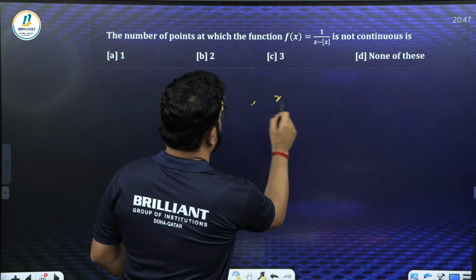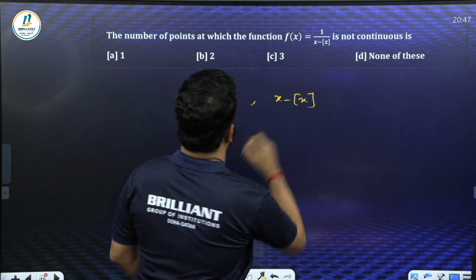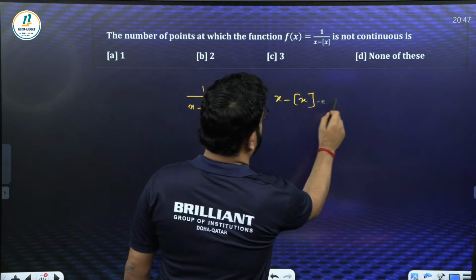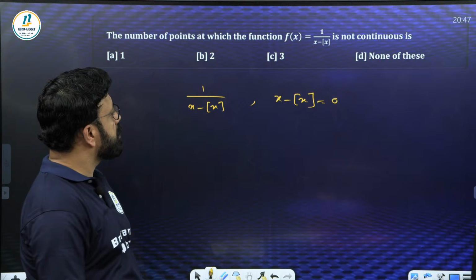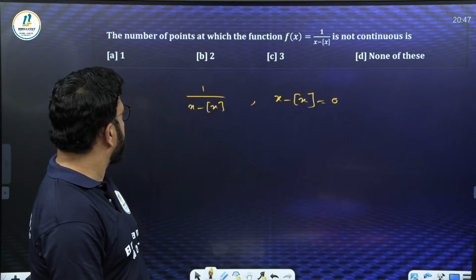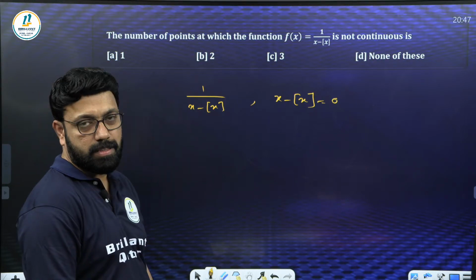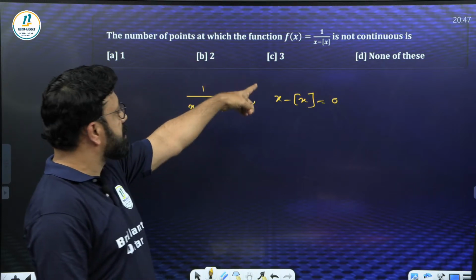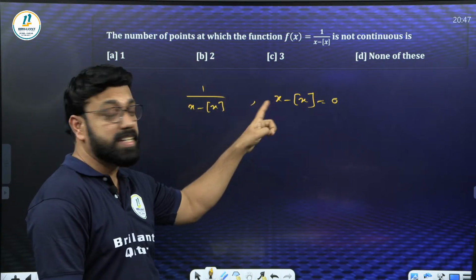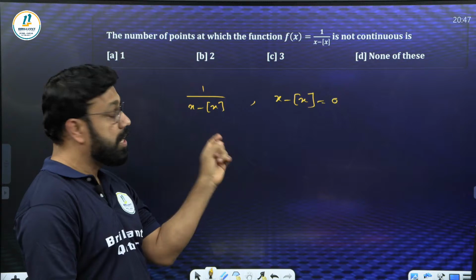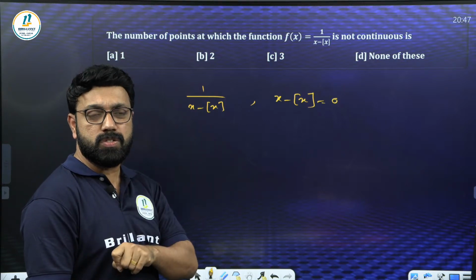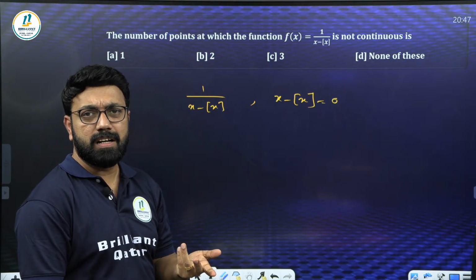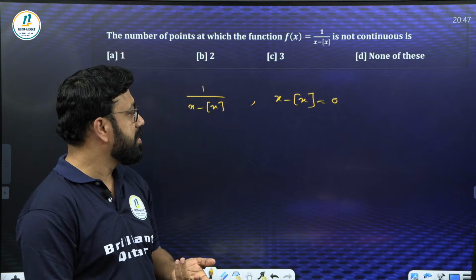You know, if x minus greatest integer x is equal to 0, that function will be discontinuous. When is it not continuous? Very simple idea. At every integral point.